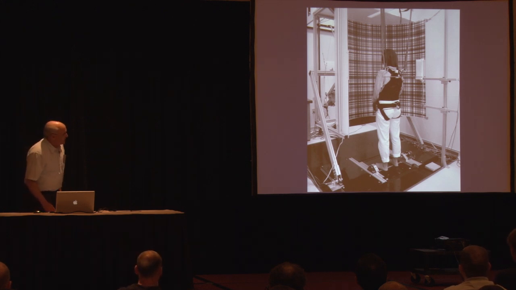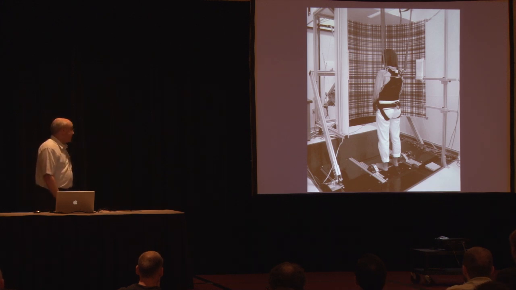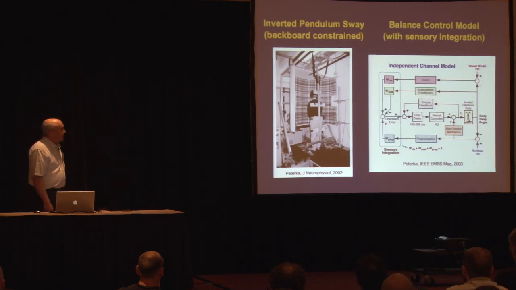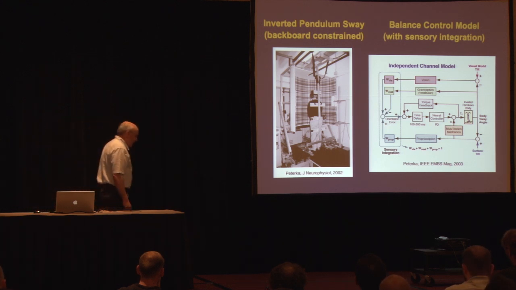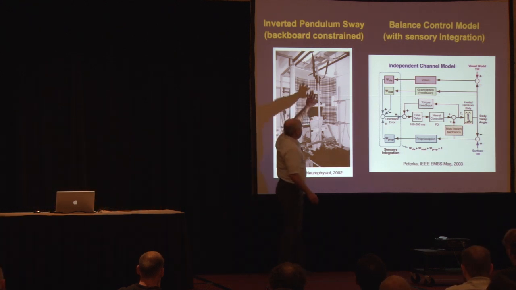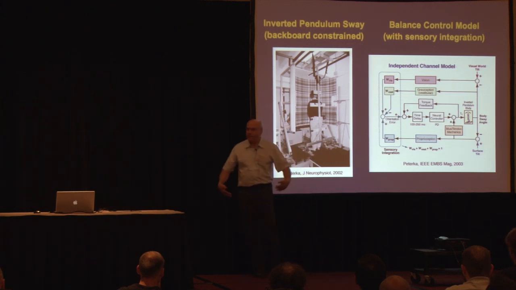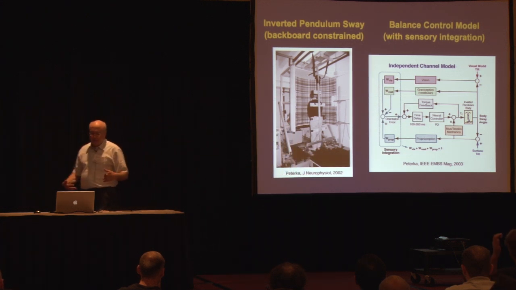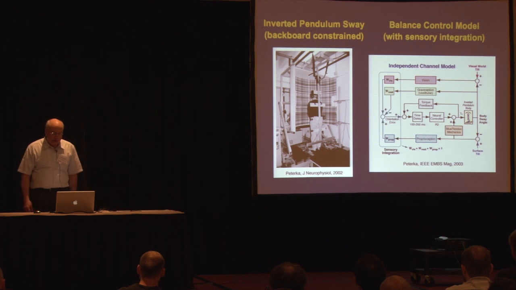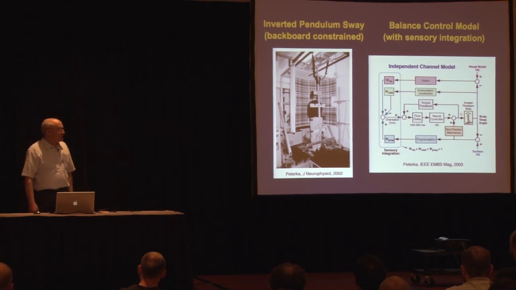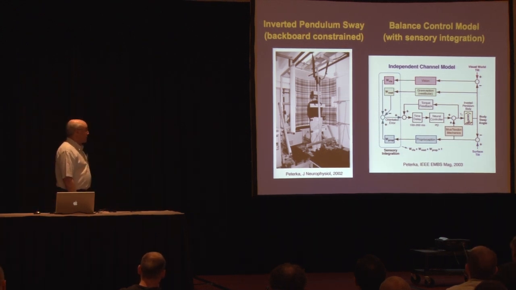So you saw that picture already in my lab. Subjects can stand there, sometimes freestanding like this, and the surface can rotate and the visual surround can rotate. Other times we want to simplify the biomechanics of the system, so we have a backboard assembly that can freely rotate around ankle joint angles, but you then restrict the body mechanics to be that of an inverted single link inverted pendulum.